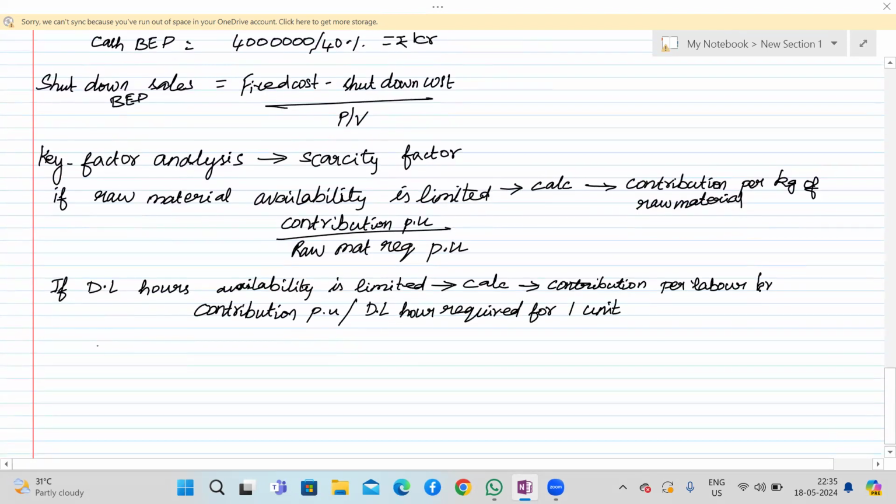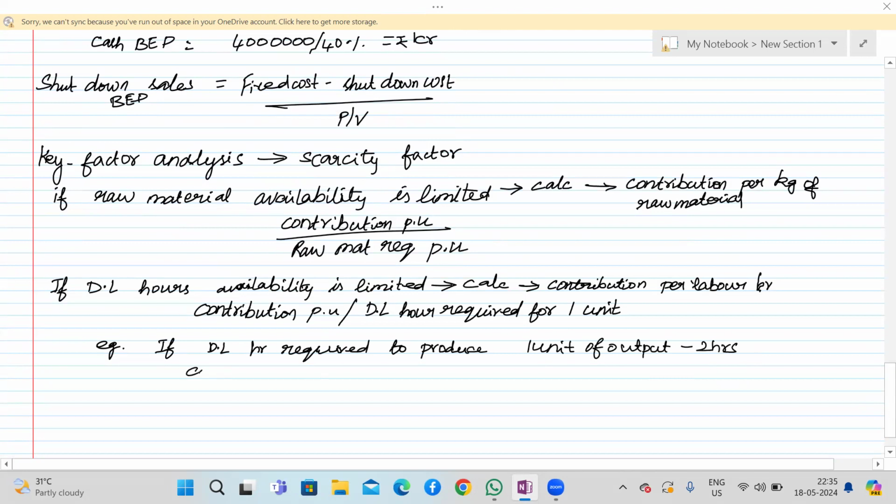For example, if direct labor hours required to produce 1 unit of output is 2 hours, and my contribution here is 20 rupees, then 20 divided by 2, that is 10 rupees per labor hour. This is called contribution per labor hour.